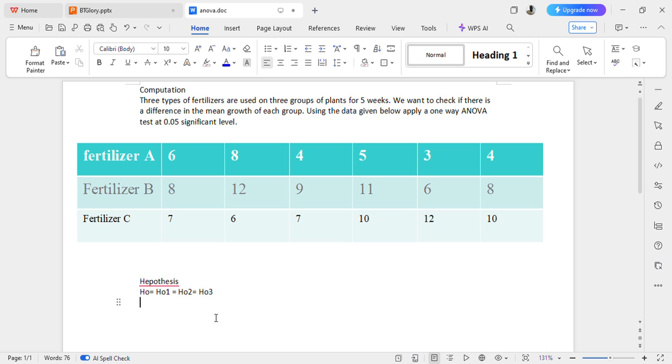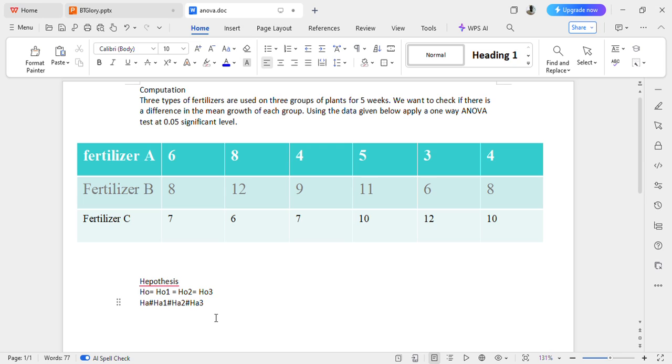And our alternative hypothesis, HA, is not equal to: HA1 is not equal to HA2, HA2 is not equal to HA3.